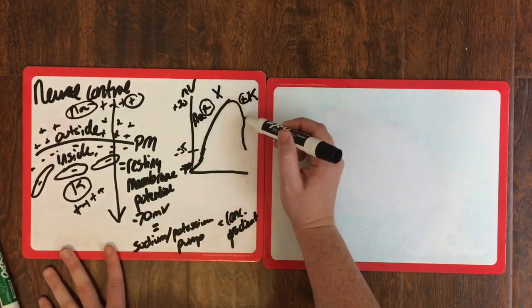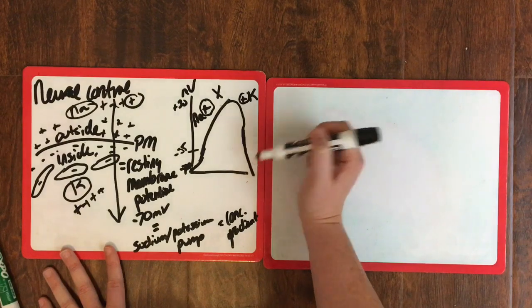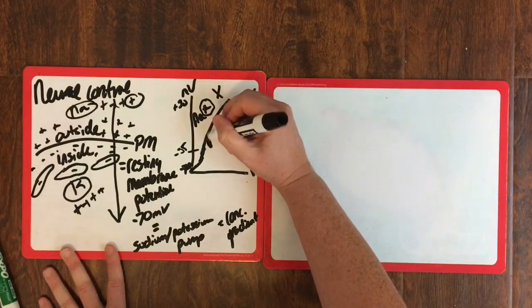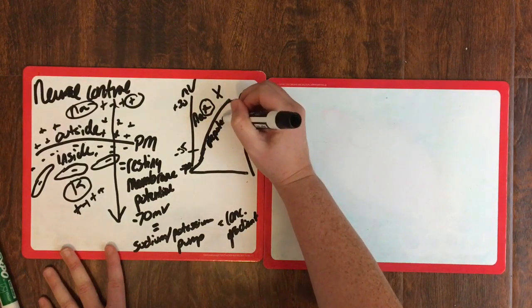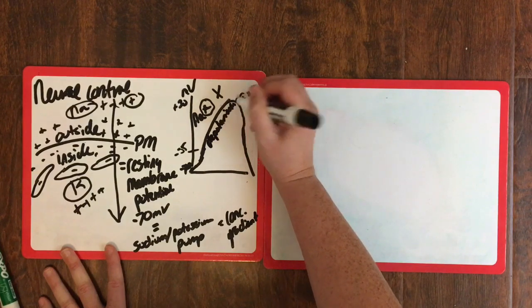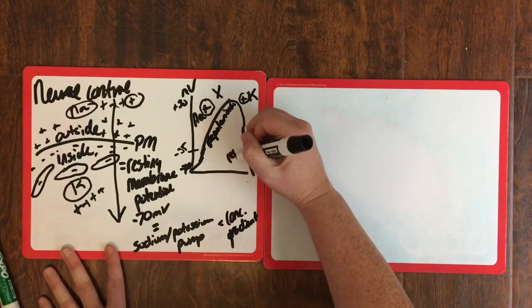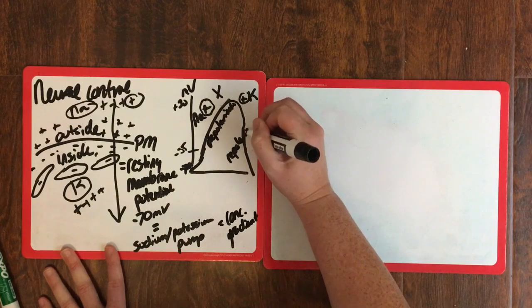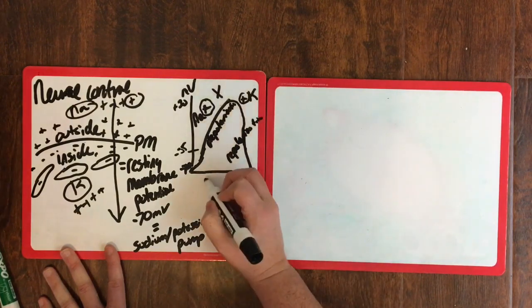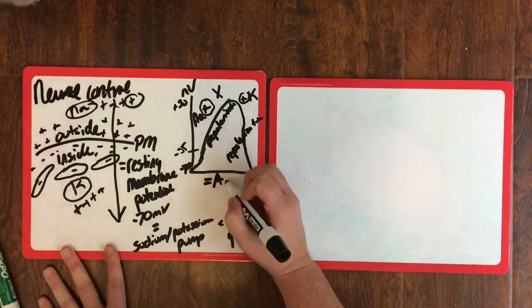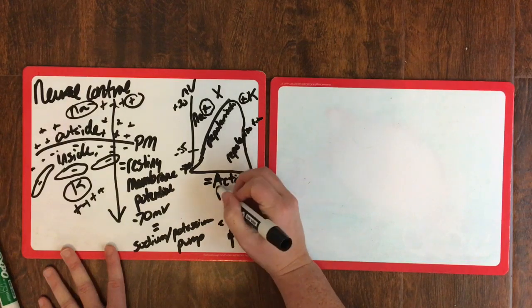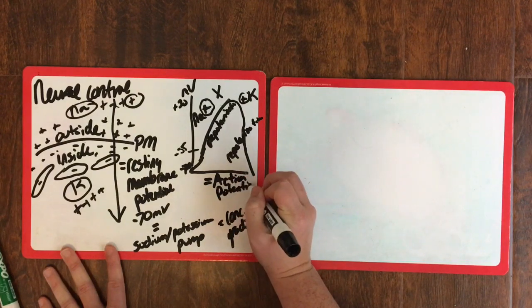You're giving away all your positivity, so you become more negative again, okay? So this event over here is depolarization. This over here is repolarization. And both of these together equal an action potential, okay?